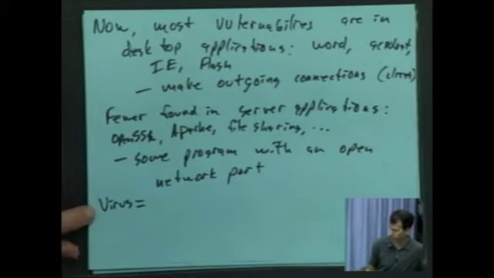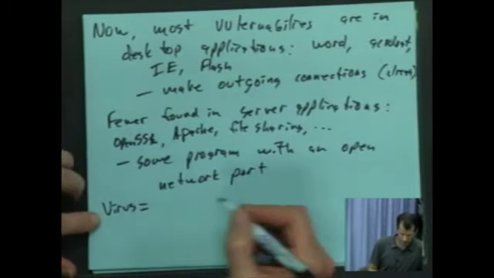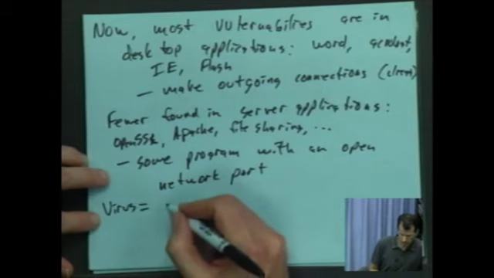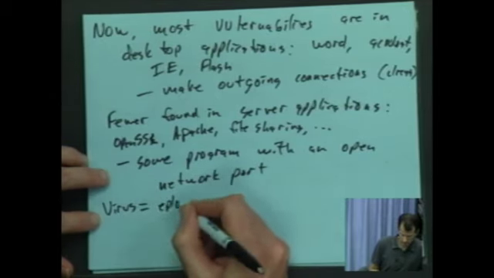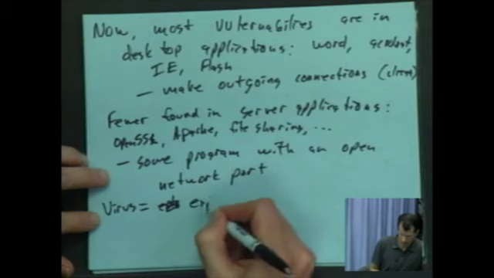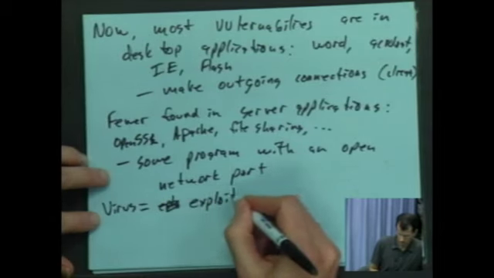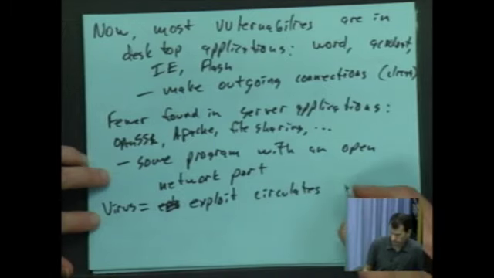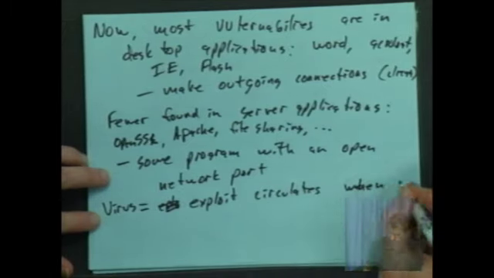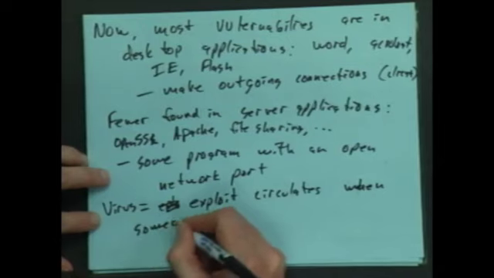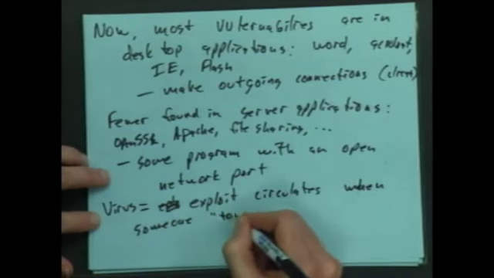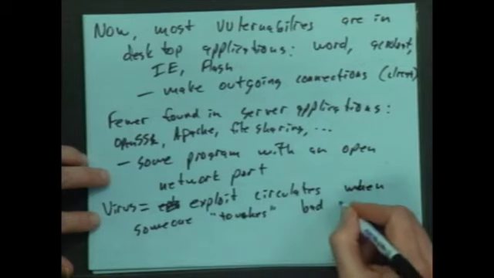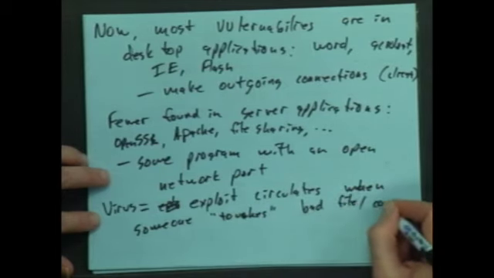So first one, virus. If ever you hear about a virus, this is where an exploit circulates when someone, we'll just put touches, the bad file or the code, okay?